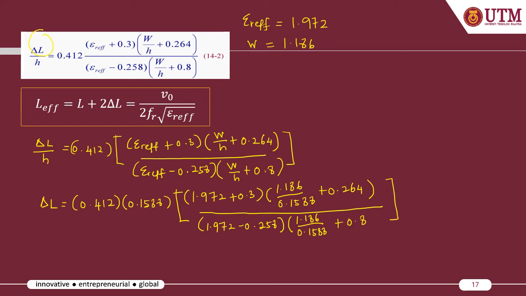Okay, so multiply them. You should get delta L equal to 0.081 cm.